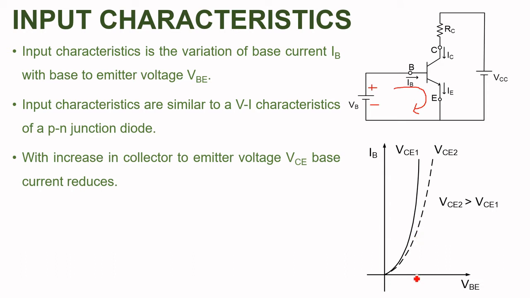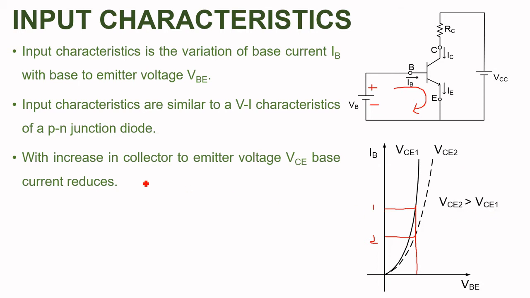If we consider one particular value of base to emitter voltage, then for the two curves drawn, this is the first value and this is the second value, and the base current is smaller when the collector to emitter voltage is VCE2, that is higher than VCE1.